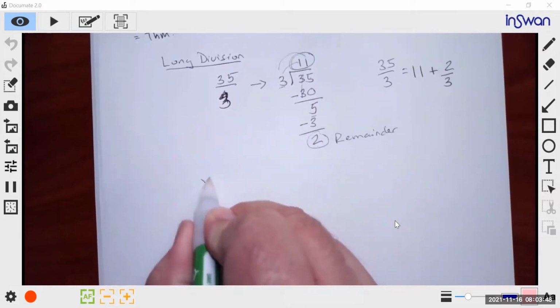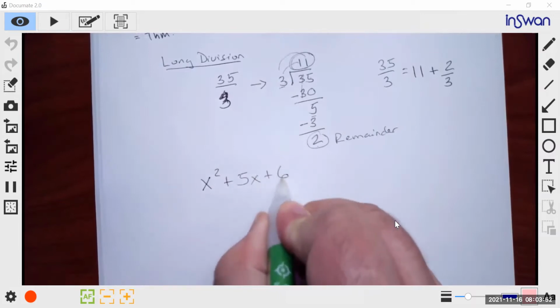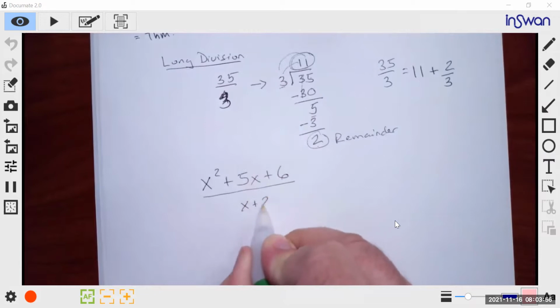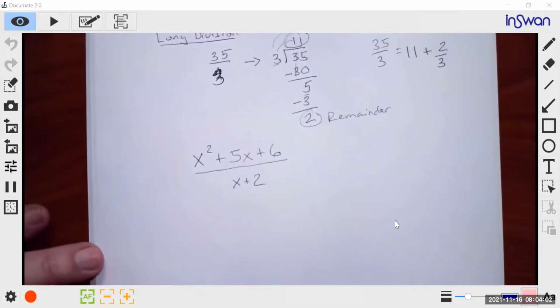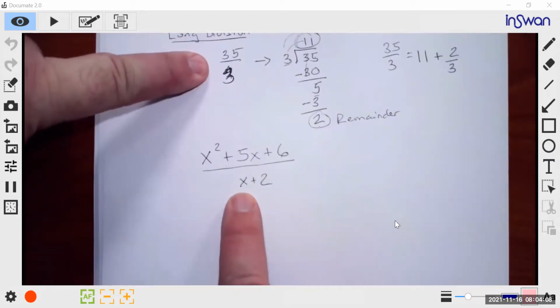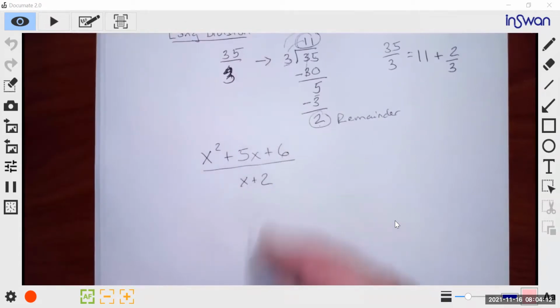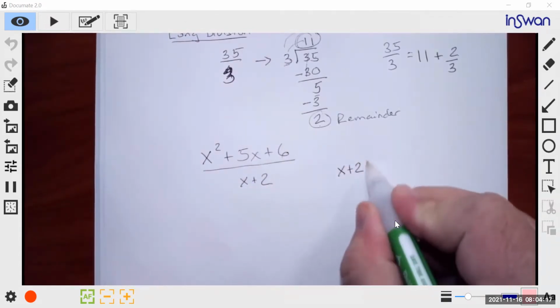For example, x squared plus 5x plus 6 divided by x plus 2. So they both look the same. We rewrote it this way. So whatever's on the bottom goes there.